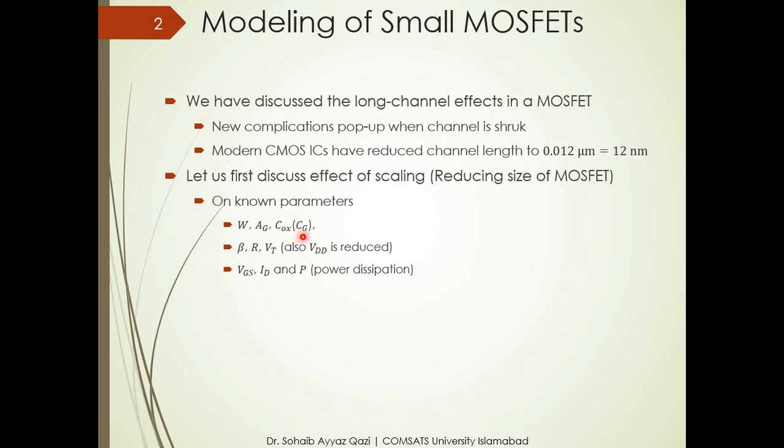CG represents the capacitance of the gate area, and there is resistance, and then the threshold voltage. VDD can be reduced as well. Similarly, we have VGS, the gate to source voltage, ID, our current, and P, which shows the power dissipation.